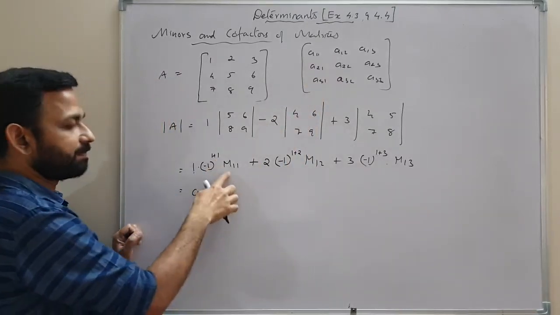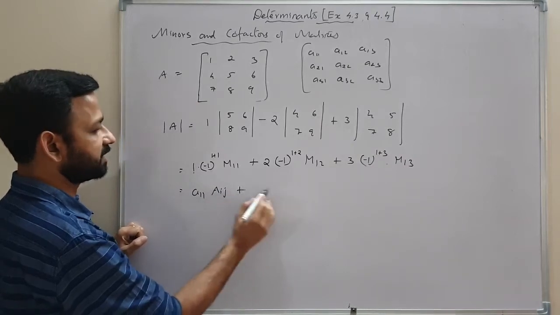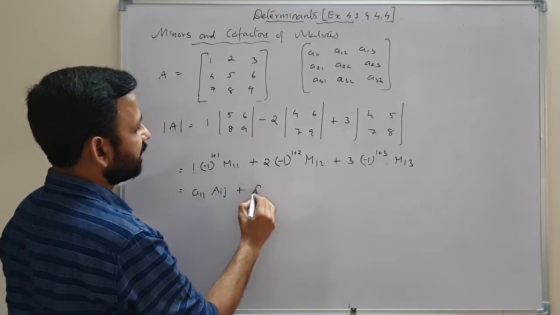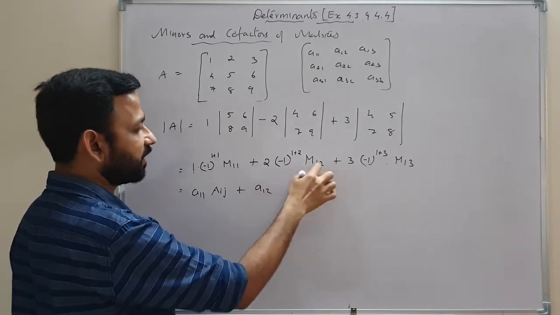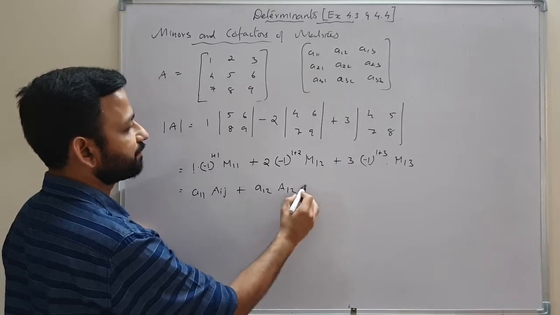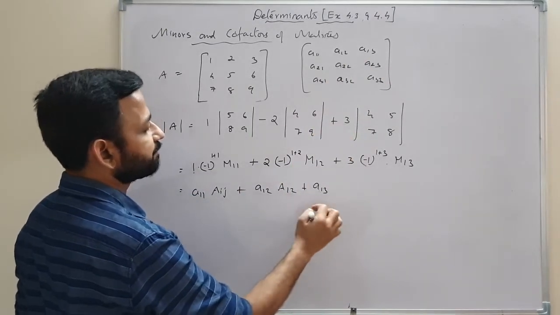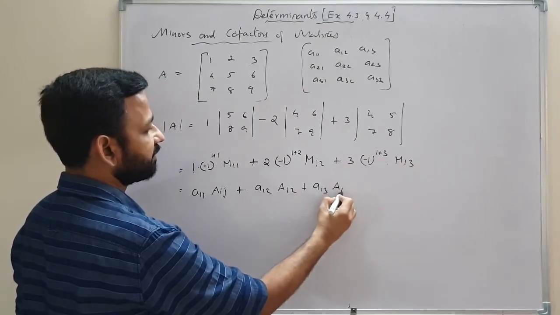Minus 1 raised to i plus j into Mij is Aij. Plus 2, the second element, A12, minus 1 raised to 1 plus 2 into M12, that is A12. Plus 3, the third element, A13, then minus 1 raised to 1 plus 3 into M13, that is A13.